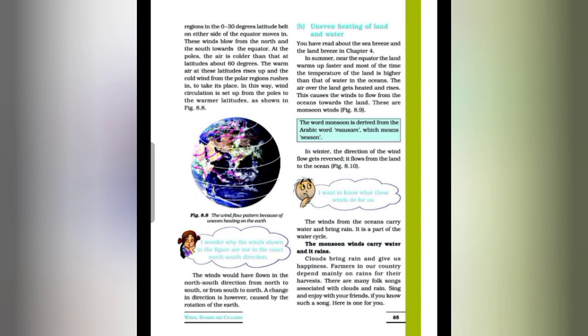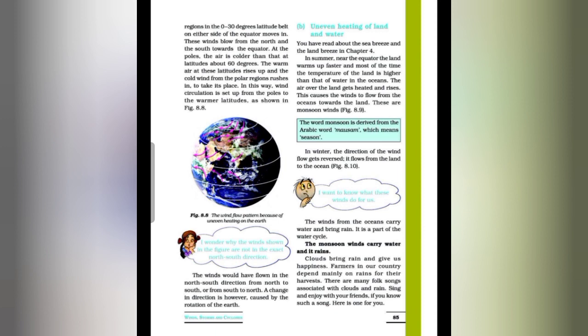Now we'll study the next situation, that is uneven heating of land and water. You have read about the sea breeze and land breeze in chapter 4.